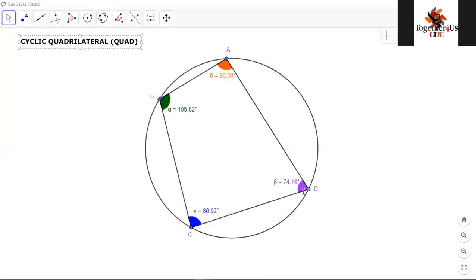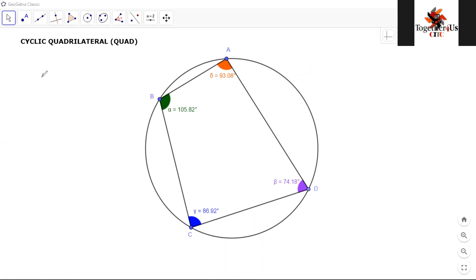Here's one thing interesting from the previous theorem that we have discussed. If you were to add angle alpha here with angle beta, so in other words, the green angle and the purple one, you will notice something quite interesting. Of course, you will have seen this from my previous video.